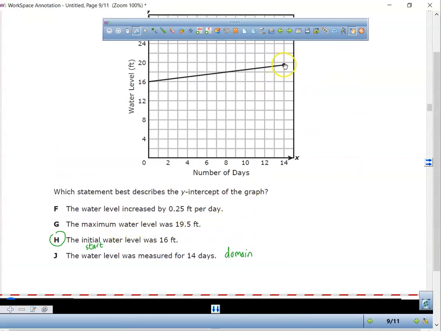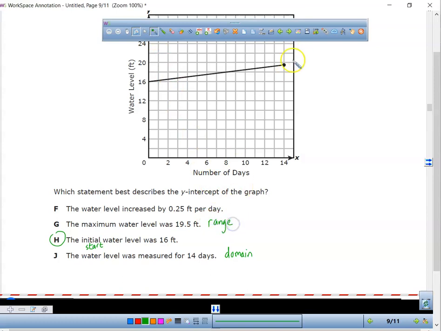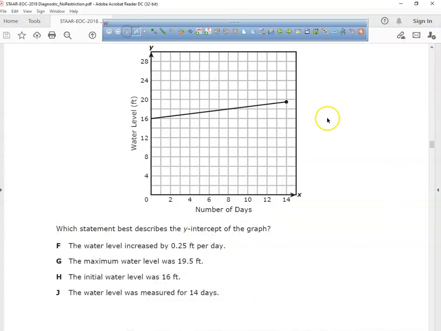If it says how high up did it get, that's dealing with the range. That's as high as it got, a portion of the range. The water level increasing by 0.25 each day refers to the slope, and this is the y-intercept. They don't just put down random answers that don't mean anything.